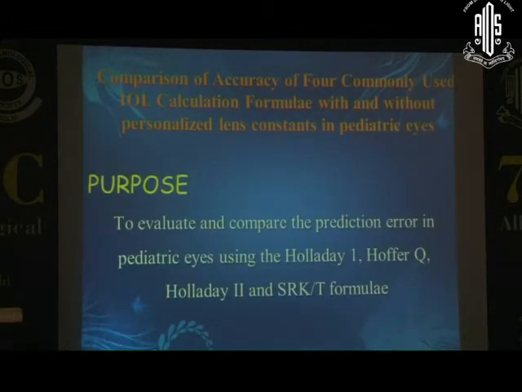To get some answer, we have conducted a study at our center where we have found out the accuracy of 4 commonly used formulas that are Holladay 1, Hoffer Q, Holladay 2 and SRK/T formula. We have also personalized lens constant as we have that Holladay consultant software with the manufacturer's lens constant.